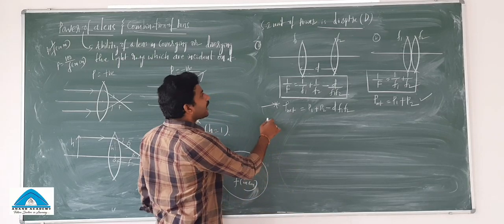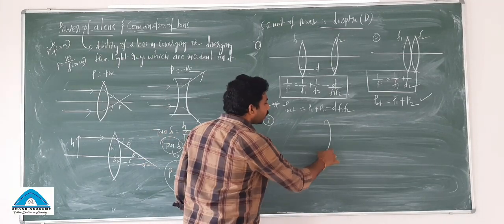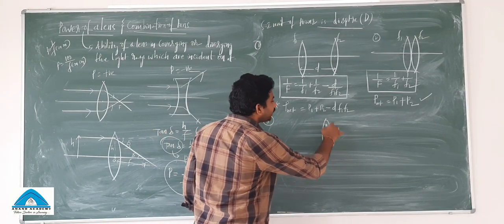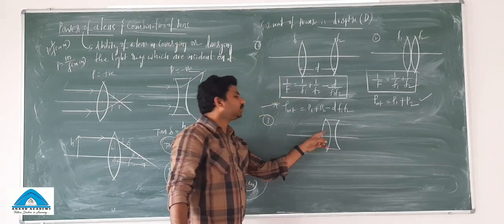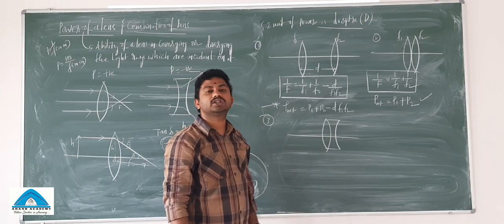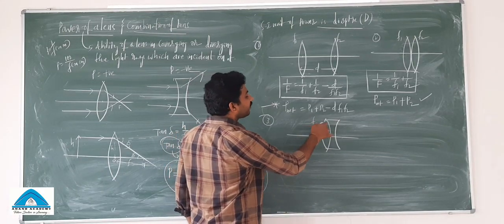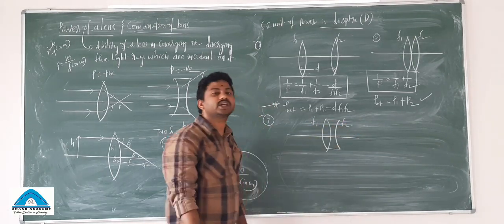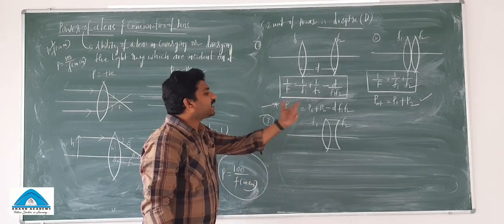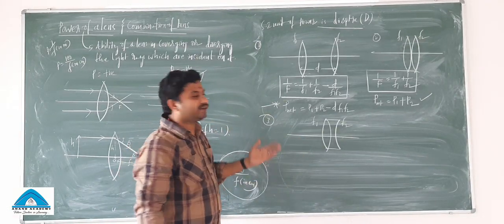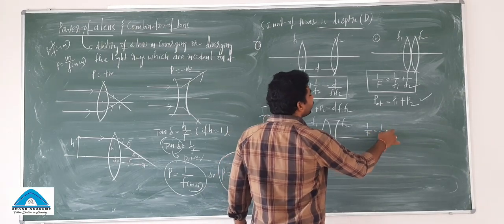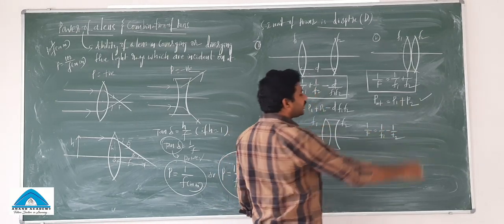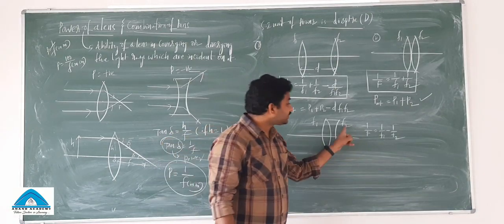And let's see another case where we will be combining two types of the lens here. See, this is a convex lens and this is a concave lens. And this is F1 and this is F2 here. In this case, we will discuss the net focal length and the net power. Net focal length: 1 by F is equal to 1 by F1 minus 1 by F2, because F2 is negative here, right?